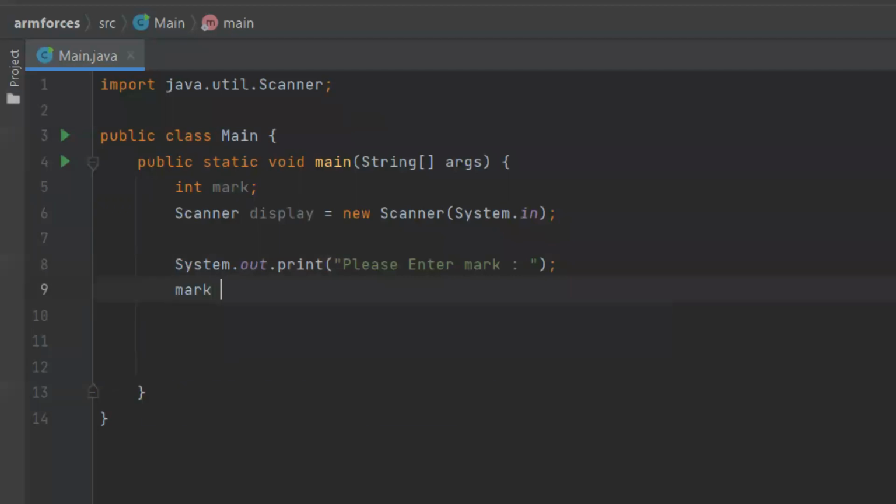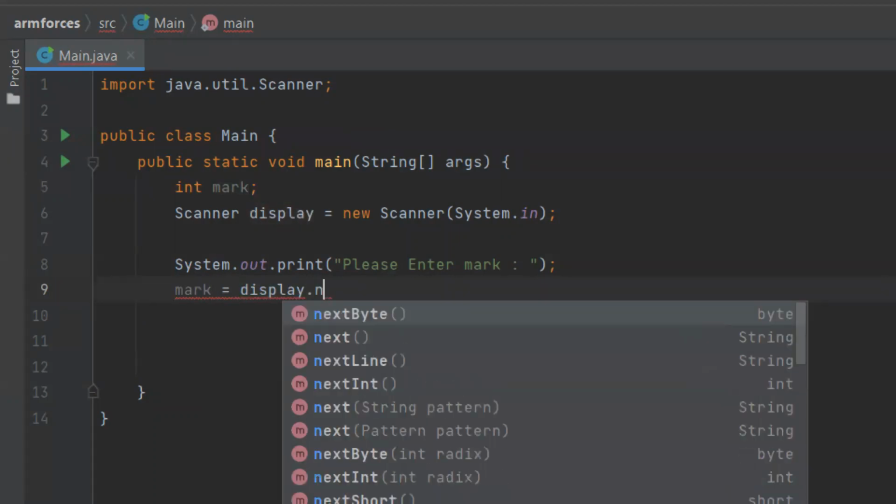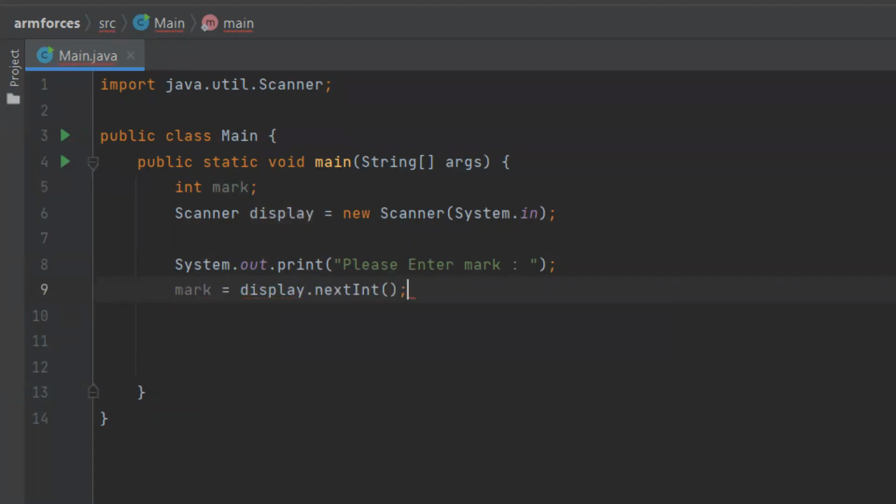That means mark should be equal to input.nextInt. By now, this should be easy for you. Asking for information, getting the information should be easy for you.